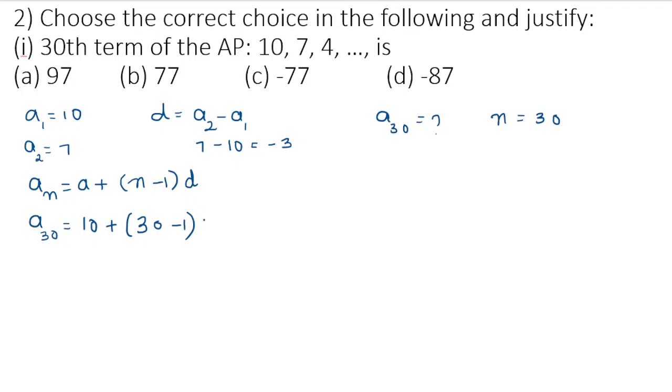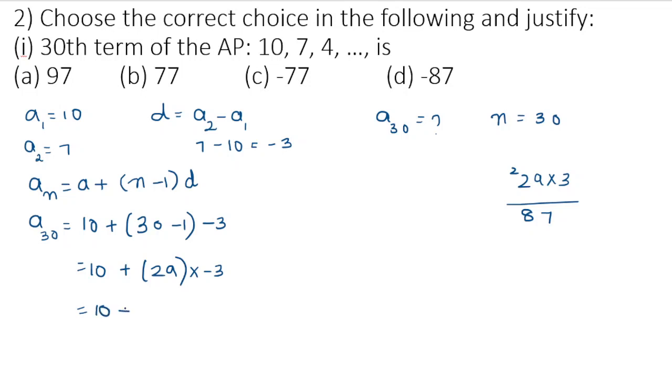D value is minus 3. Now 10 plus 30 minus 1, that is 29, into minus 3. Now we have to multiply. 29 into 3 is how much? 3 9s are 27, 2 remains, 3 2s are 6, 6 plus 2 is 8, so 87. And it will be minus 87, because minus 3 is there.